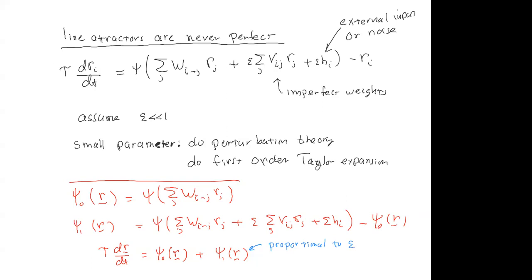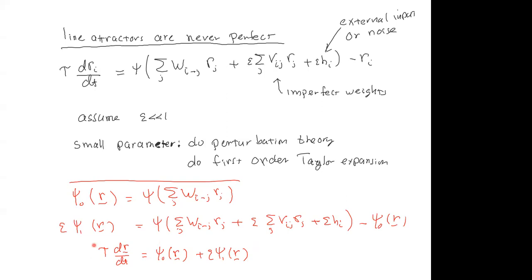Actually, let's put an epsilon here in the definition, so we make it really crystal clear. So as epsilon goes to 0, psi 1 is really this whole difference divided by epsilon. And as epsilon goes to 0, we can Taylor expand, and that has a nice limit. Okay?